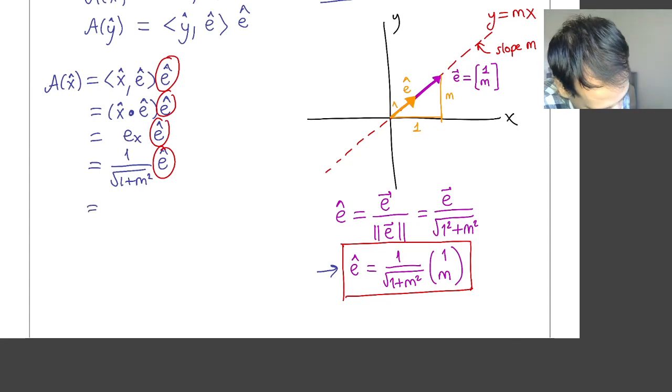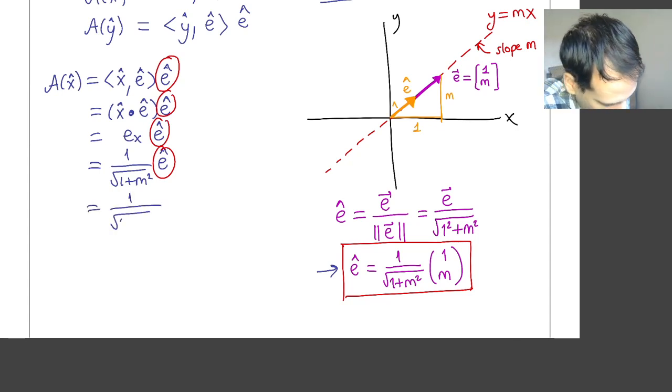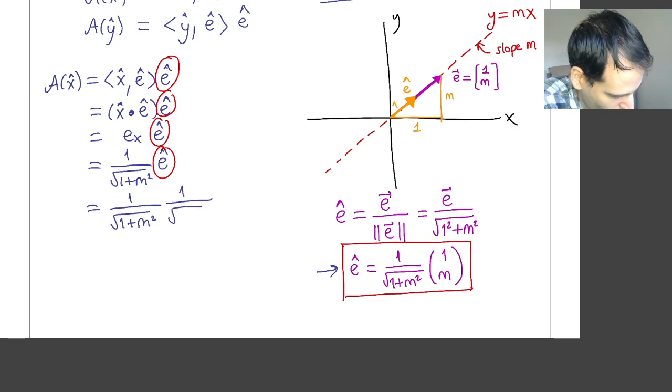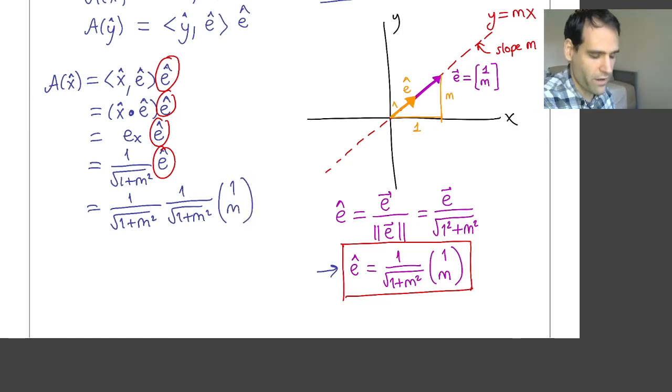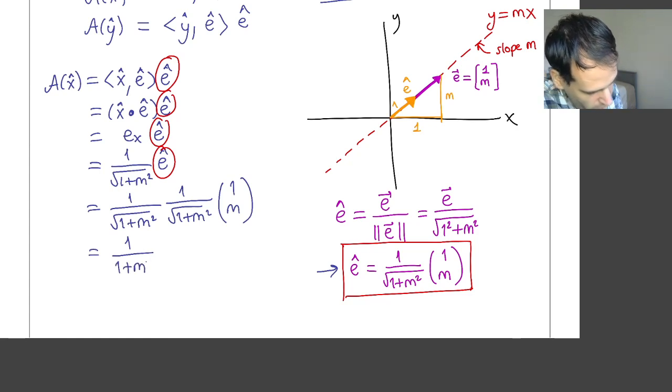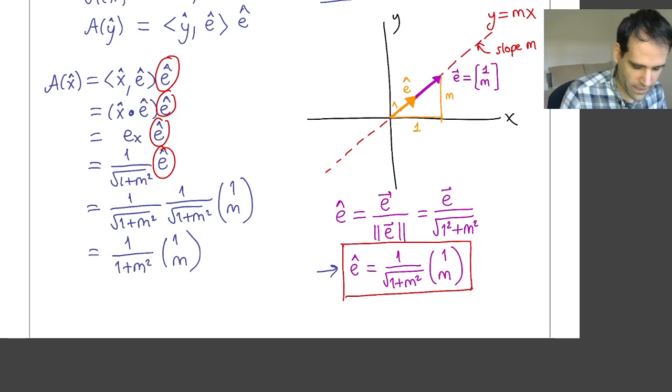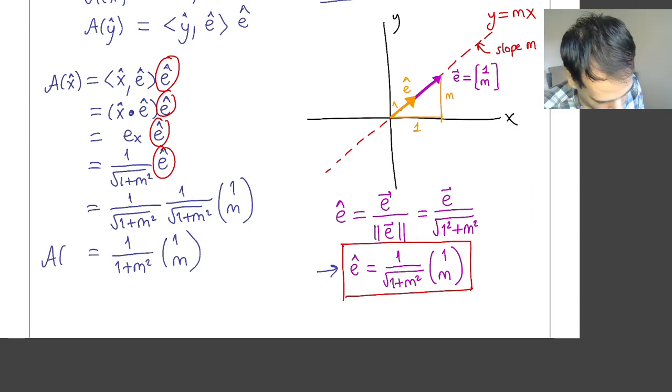This is 1 divided by the square root of 1 plus m squared times (1, m). We can multiply these two square roots and end up with 1 divided by 1 plus m squared times vector (1, m). So that will be A of x hat.